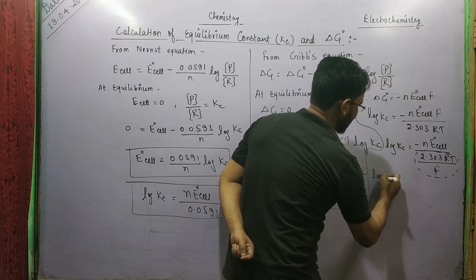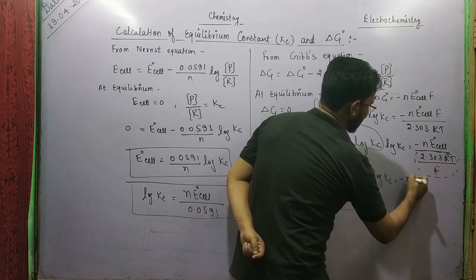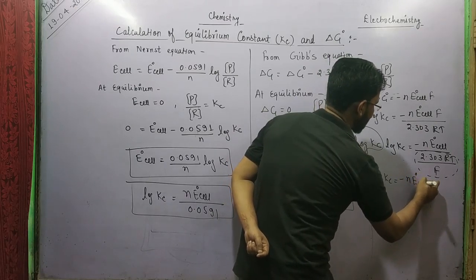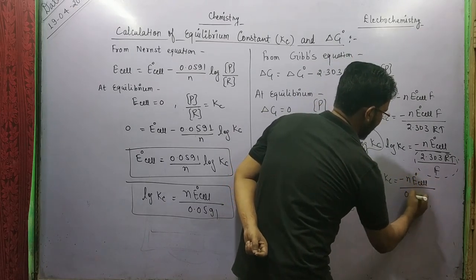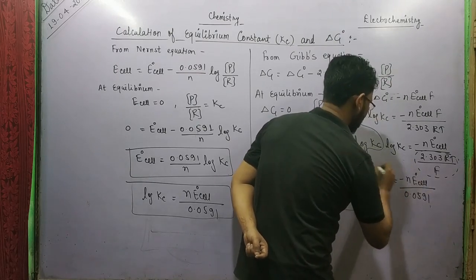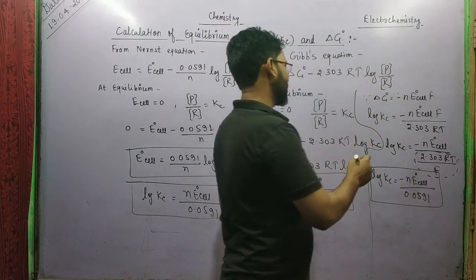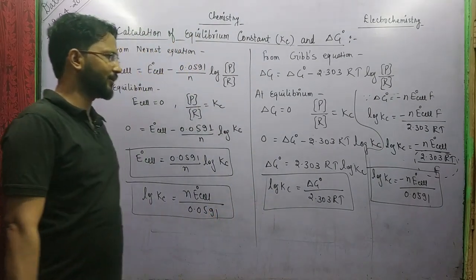So log Kc equals minus n E naught cell over 0.0591. Then the new formula is log Kc equals minus n E naught cell over 0.0591.